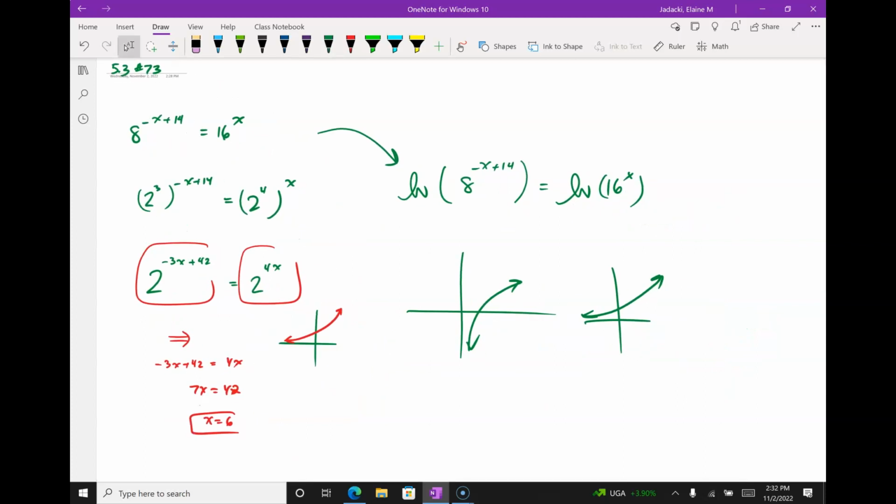But what happens now to my exponents? So I get negative x plus 14 in parentheses times the ln of 8 equals x times the ln of 16. Does everybody see what's going on there? My exponents of the argument become coefficients when I'm talking about a log function.